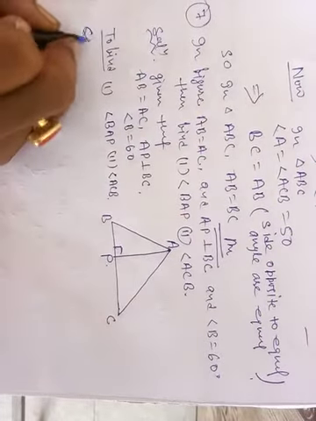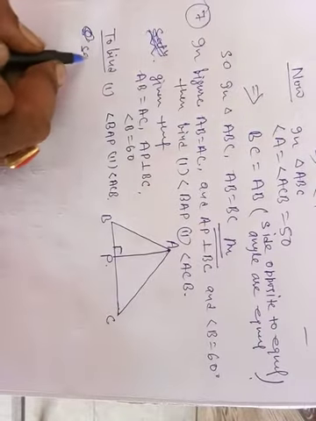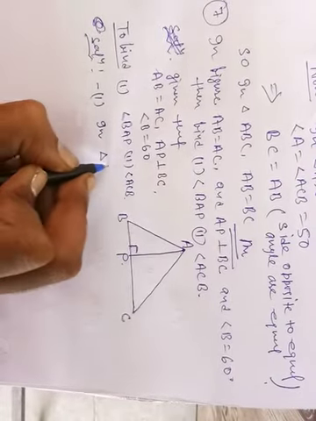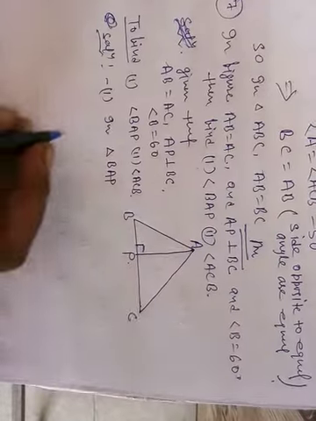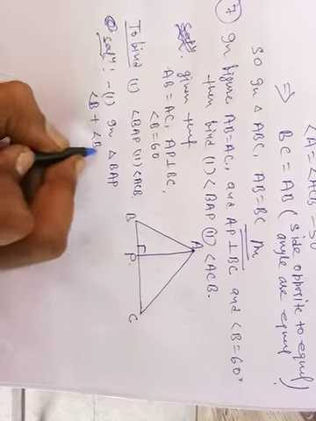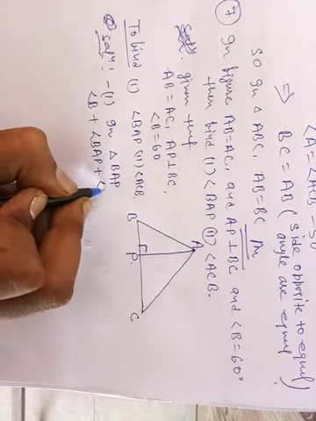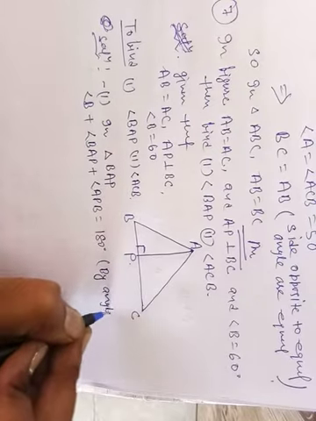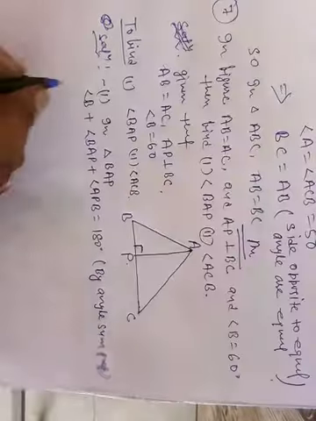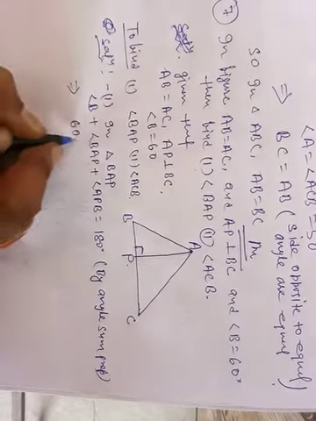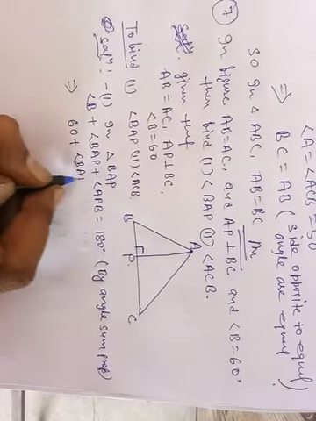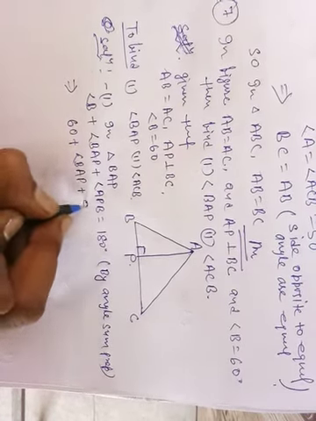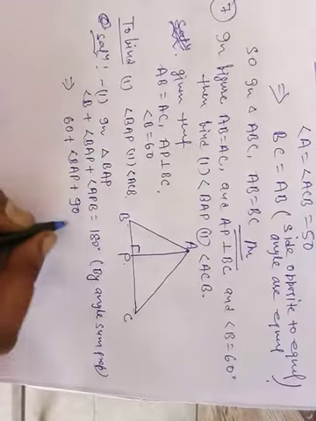Okay, see the solution. What will we write in the solution? First, in triangle BAP, angle B plus angle BAP plus angle APB is equal to 180 degrees by angle sum property. So angle B is 60 degrees, angle BAP not given, plus angle APB is equal to 90 degrees, because given that BC is perpendicular to AP, so this is 180 degrees.